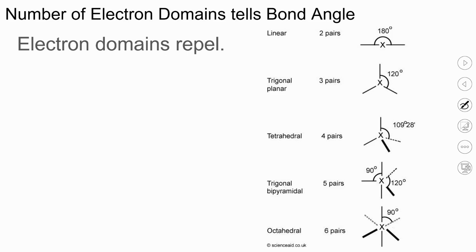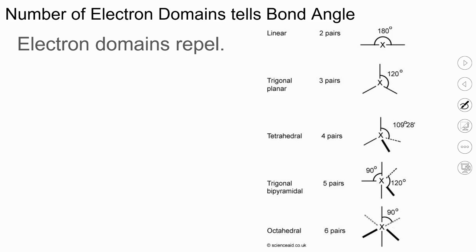So if I have 4 groups, I'm going to put the 4th group on the trigonal planar, but this 4th group pushes the other groups down. So I'm going to put 1 color and then 3 colors to show you.